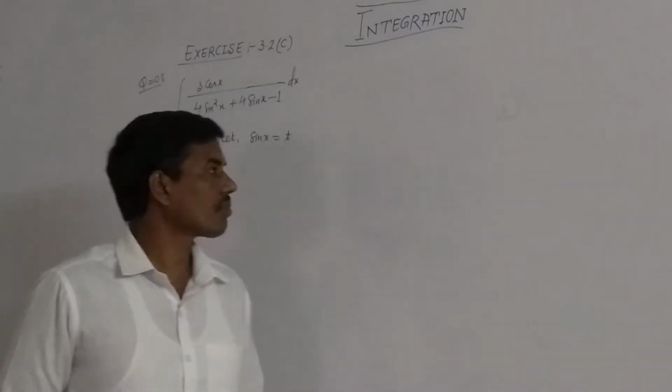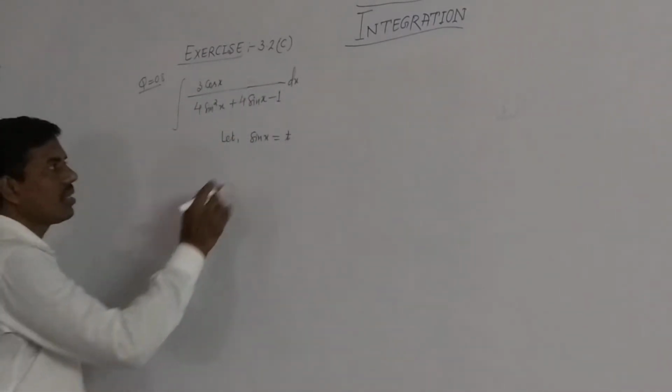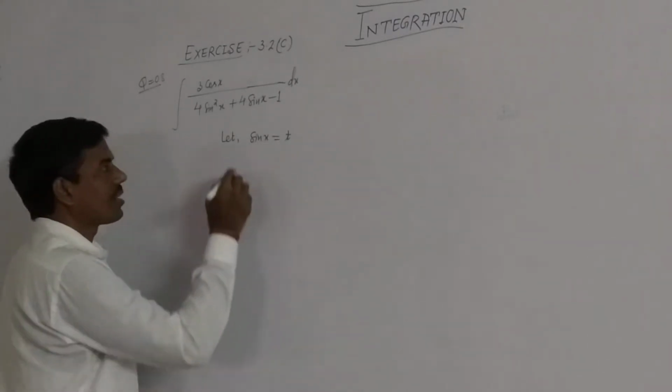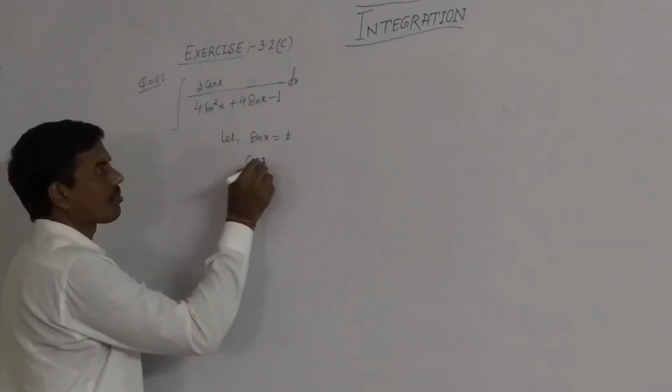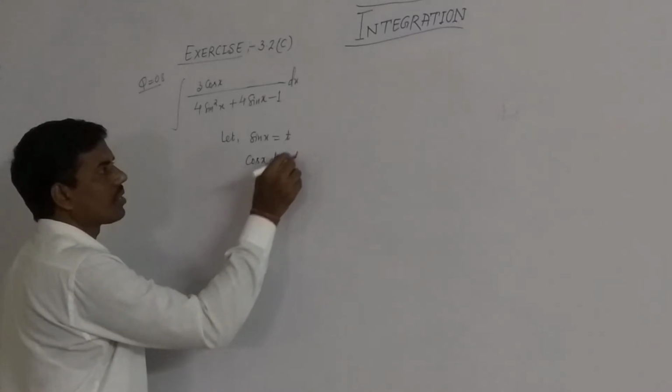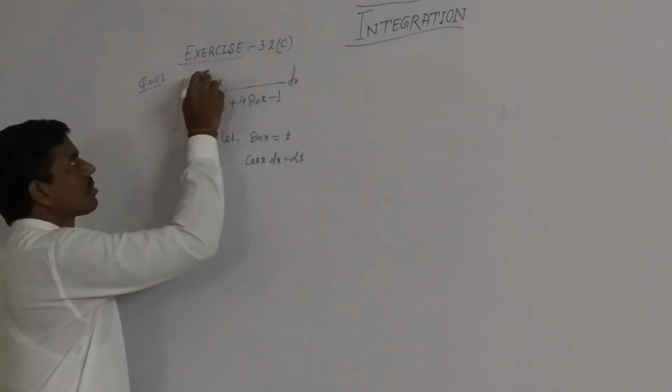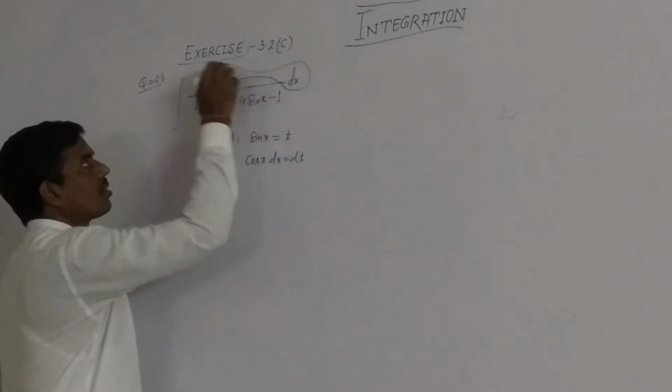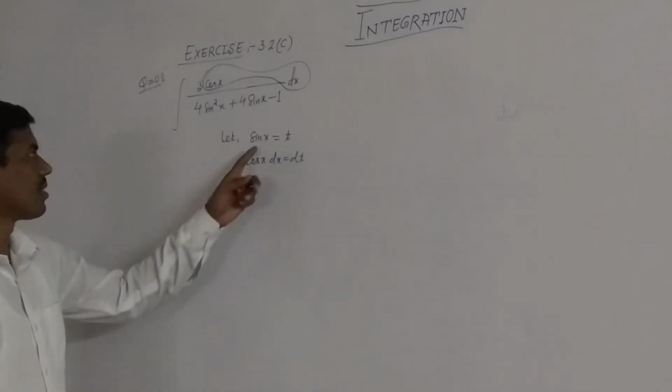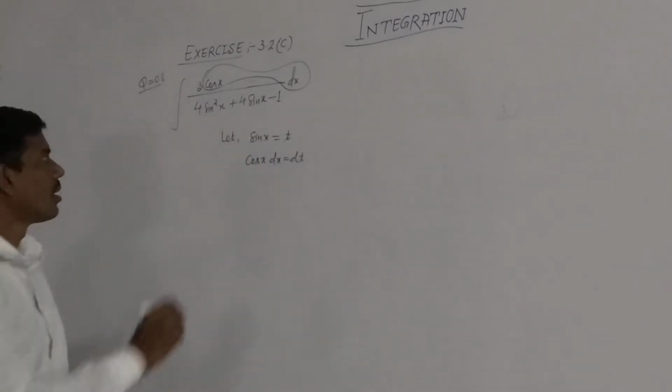If we assume sin x is equal to t, taking the derivative of both sides, we get cos x dx is equal to dt. So cos x dx becomes dt and sin x is equal to t.